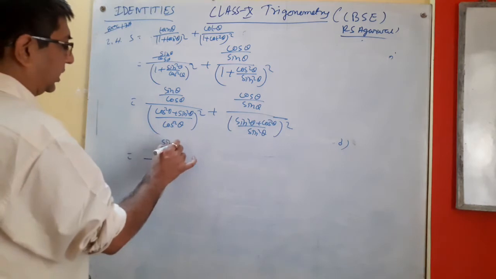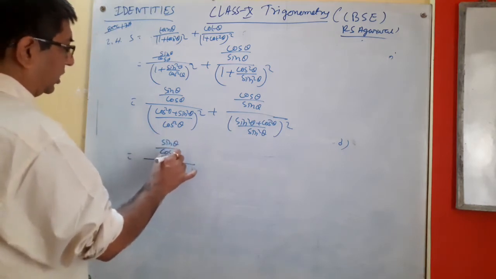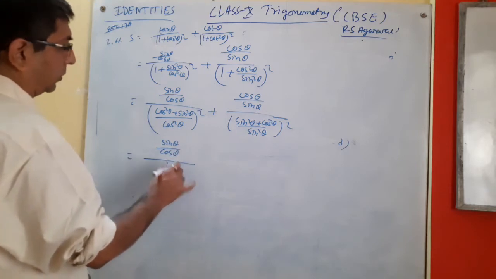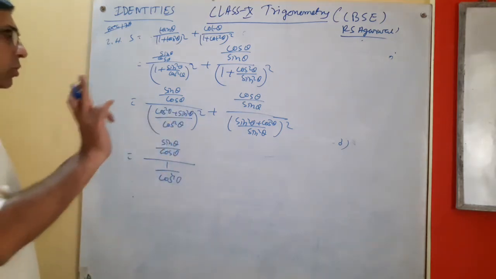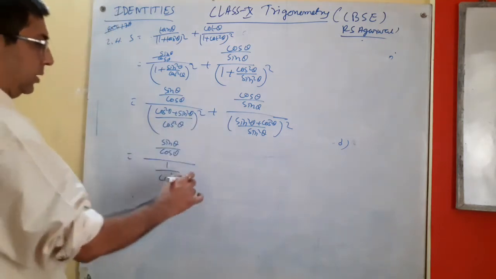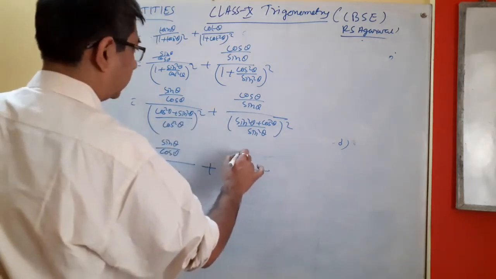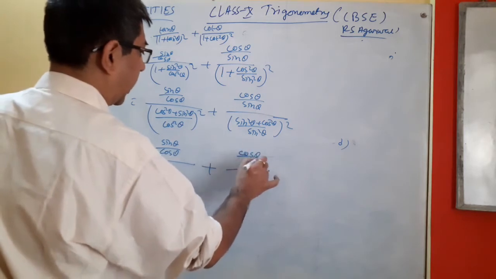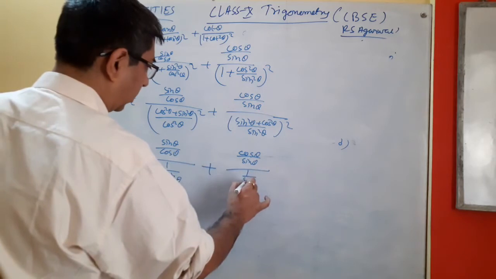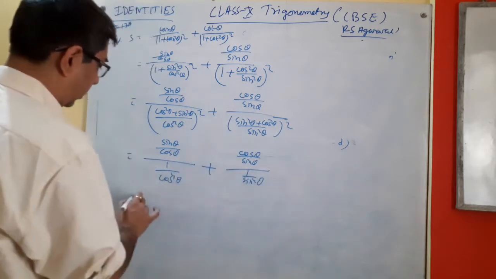This is sin theta by cos theta. This is 1 by cos to the power 4 theta. Why? Sin square theta plus cos square theta equal to 1, right? Cos 4 theta. This is square plus this is cos theta by sin theta. This is 1 by sin to the power 4 theta.